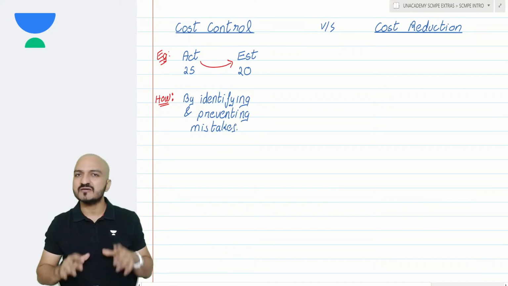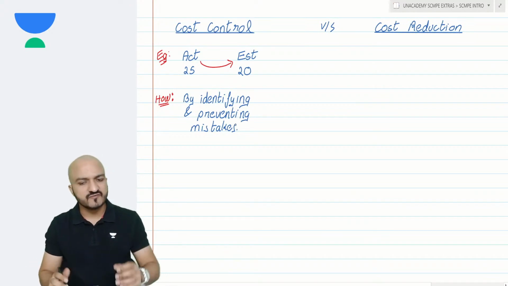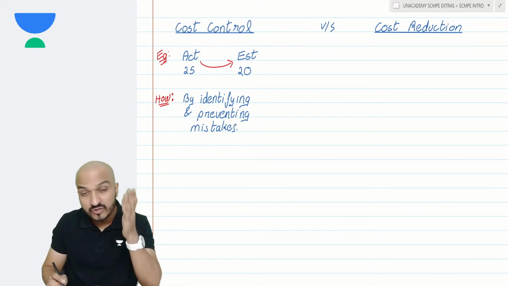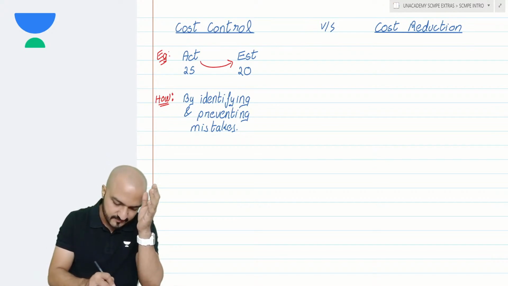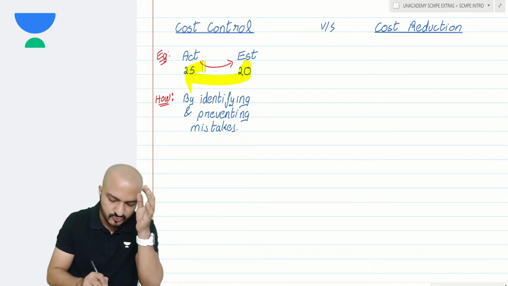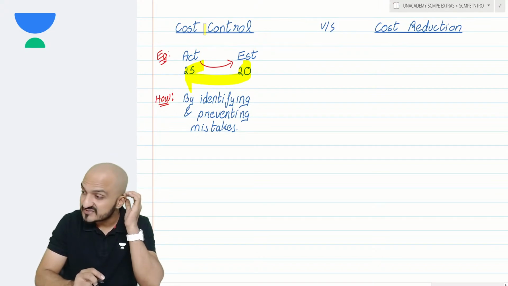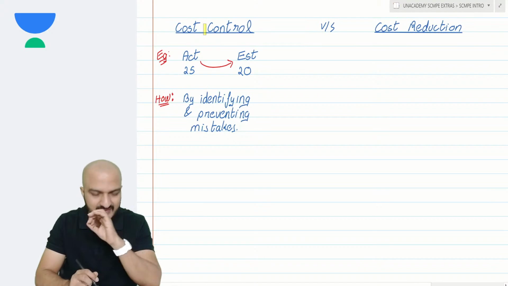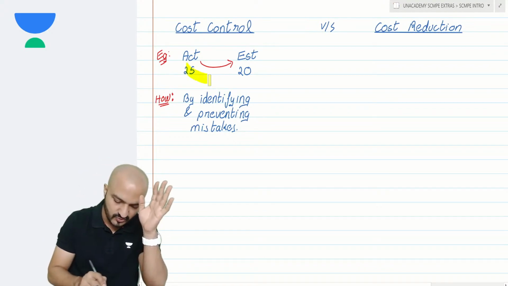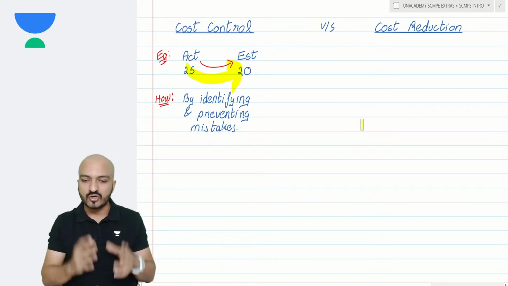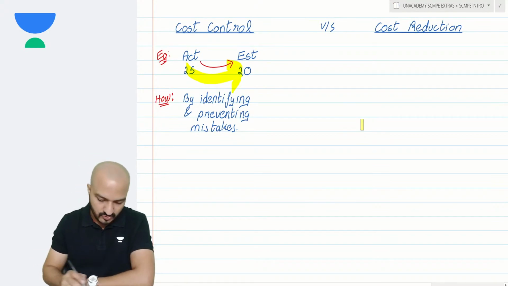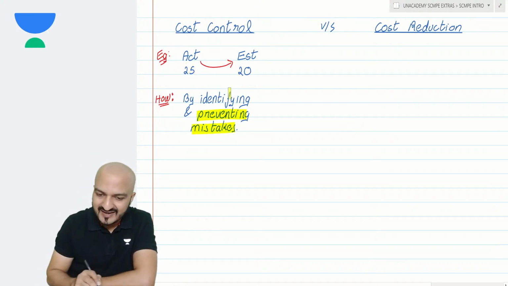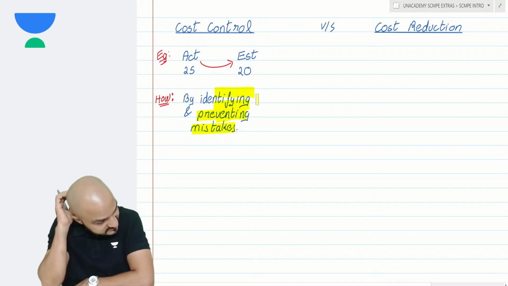See, I must have done some mistakes in the current year. Because of those mistakes, my cost instead of 20 turns out to be 25. So you need to identify and prevent these mistakes in order to get back to the cost of 20. So cost control is all about identifying and preventing your mistakes.